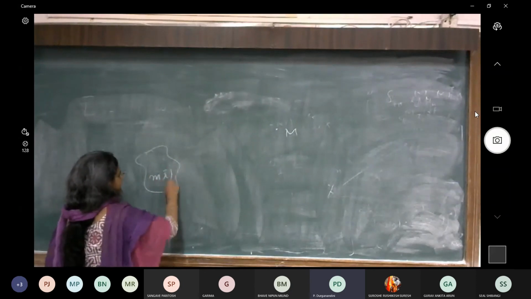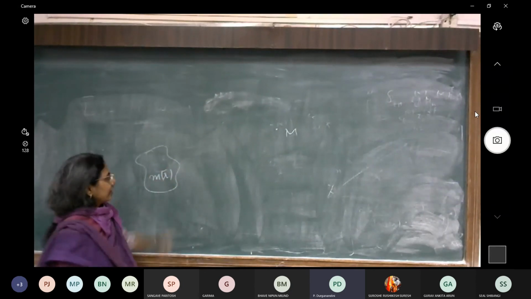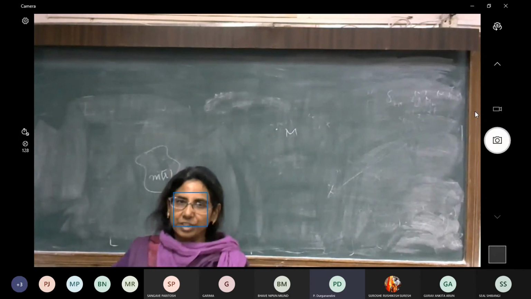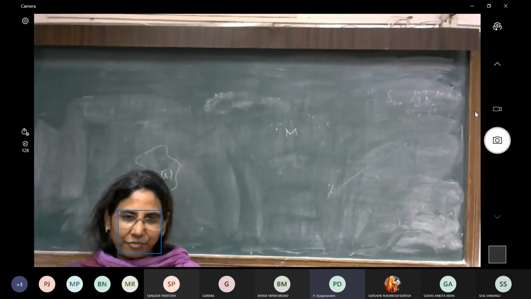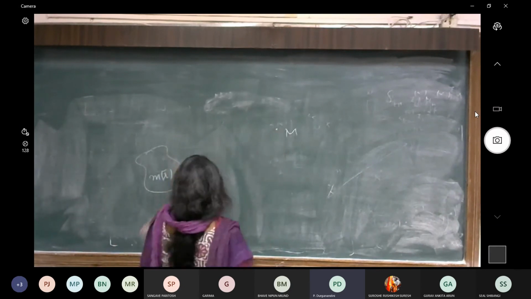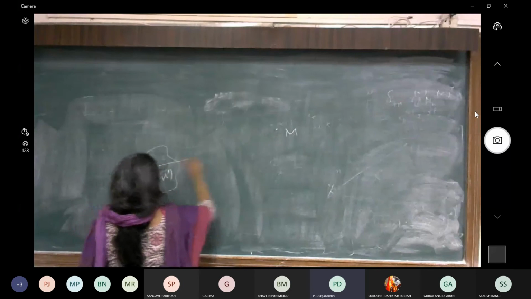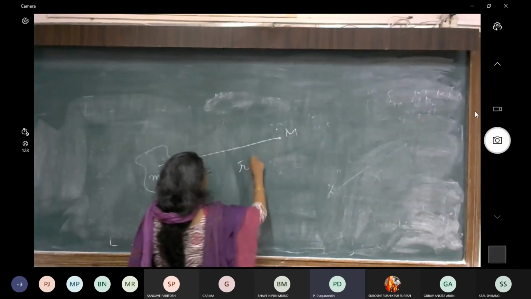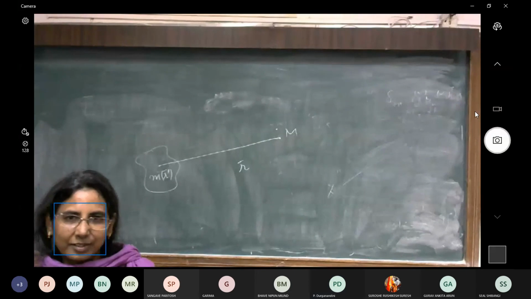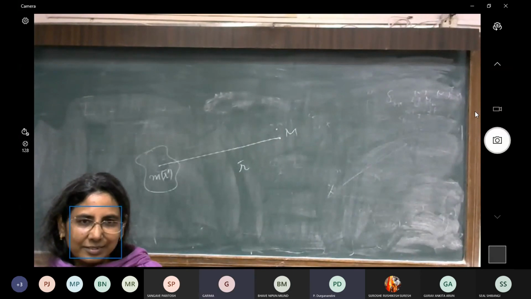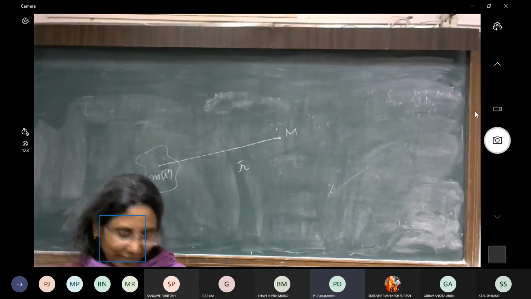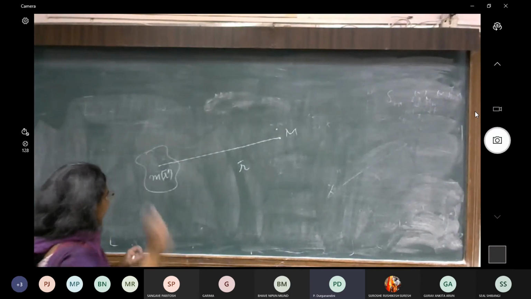If this was a point mass, what should have been the gravitational potential, if the distance is r? Minus GM over r. It's an attractive potential.